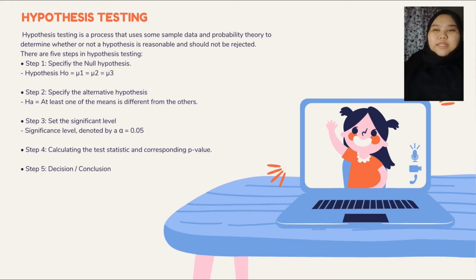The lower the significance level, the greater the burden of proof required to reject the null hypothesis or to support the alternative hypothesis. So the significance level is denoted by alpha equals 0.05.